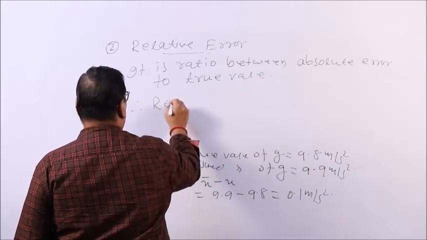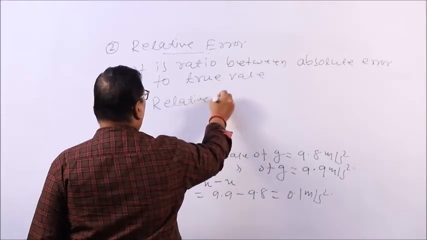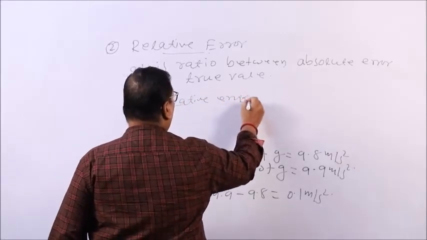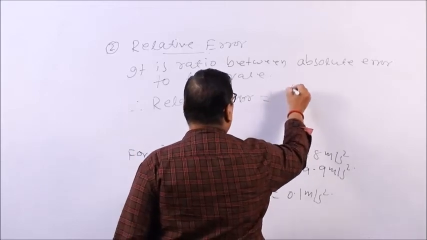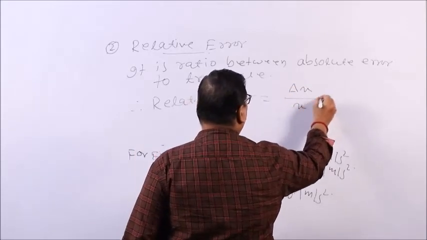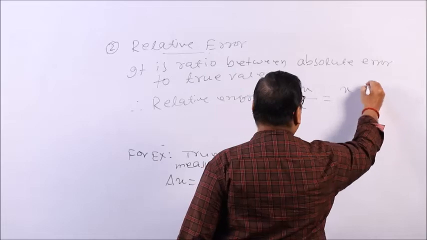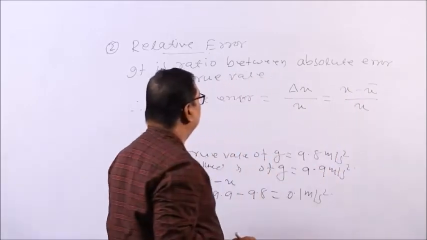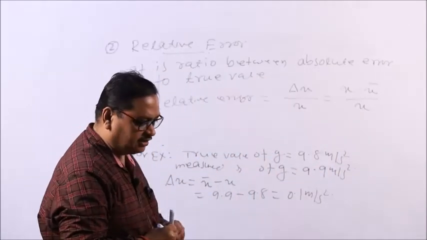Therefore, relative error equals delta x by x, or x minus x bar by x. This is known as relative error.